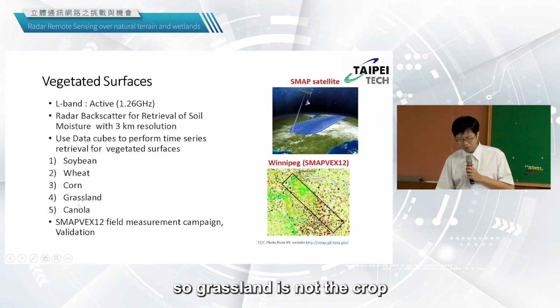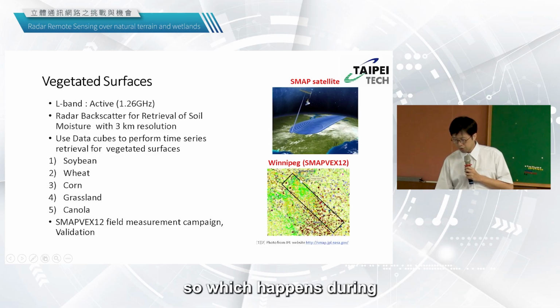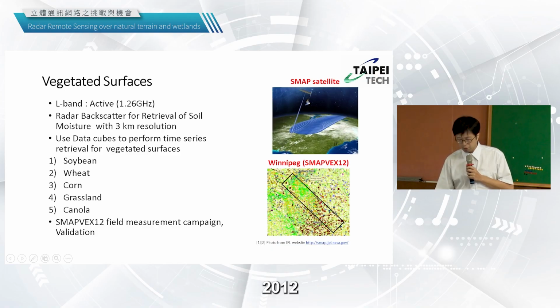Grassland is not a crop. But later they also included canola. There was a field campaign to validate the mission's product, which happened during the summer of 2012.